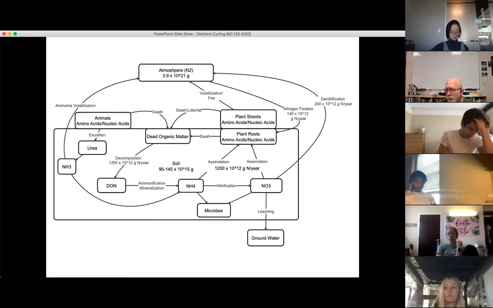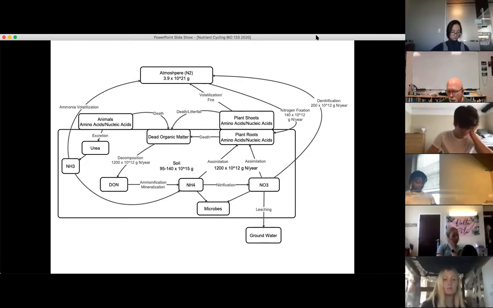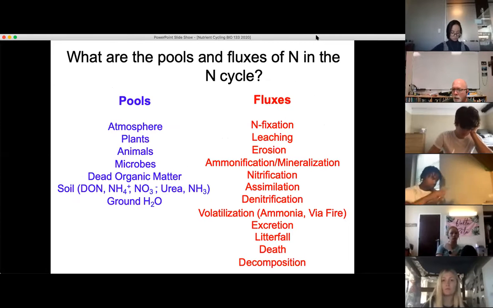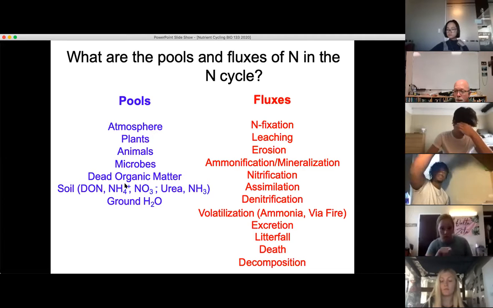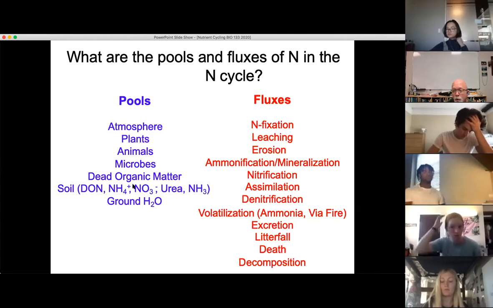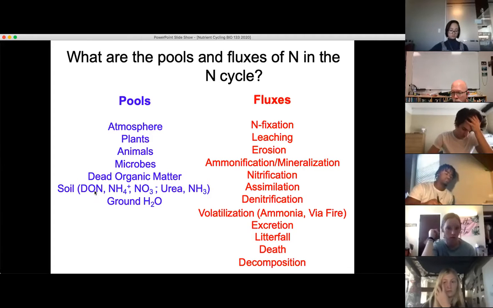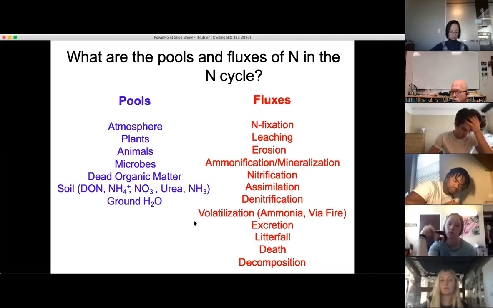Another way of kind of wrapping your head around this information is on the next slide, where I've basically just identified what all of the pools are and what all of the fluxes are. So we have an atmospheric pool, we have plants, animals, microbes, dead organic matter, and the soil, which is a huge and complex pool of nitrogen for this particular nitrogen cycle. And then we have groundwater that's basically going to flow out into stream flow.